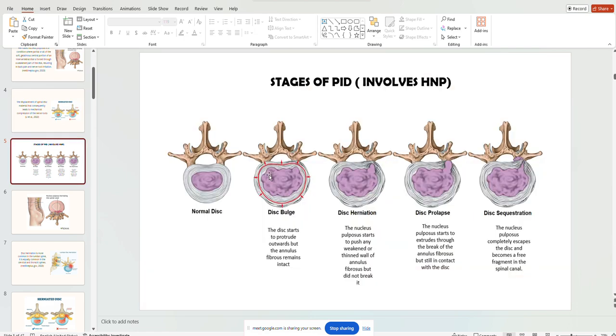This one, the classification: bulging is when the disc starts to protrude outwards, but the annulus fibrosus remains intact. Then there is this herniation where the annulus fibrosus did not break, and this prolapse when the inner nucleus pulposus starts to protrude through the annulus fibrosus. And the last one is this sequestration when the nucleus pulposus completely escapes and becomes a free fragment in the spinal canal.